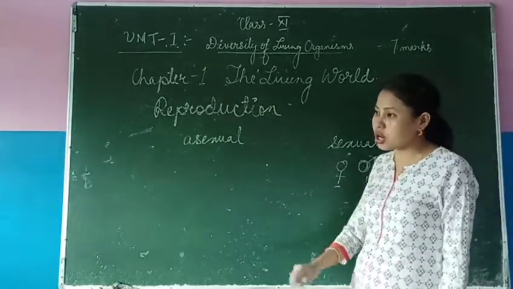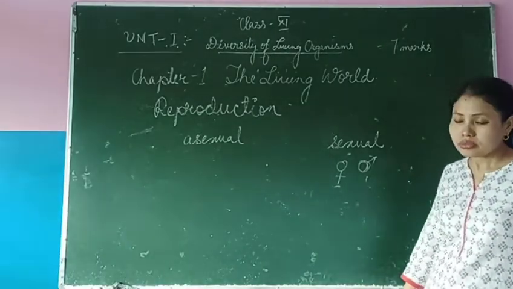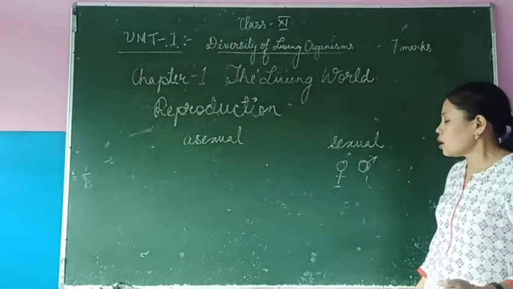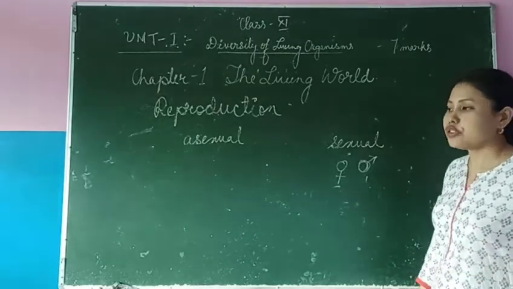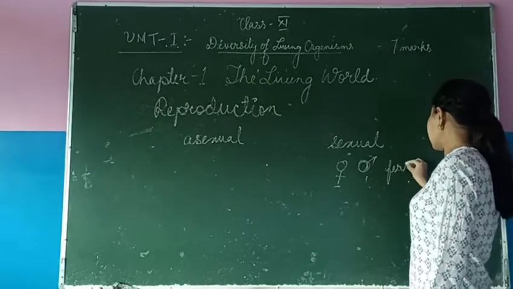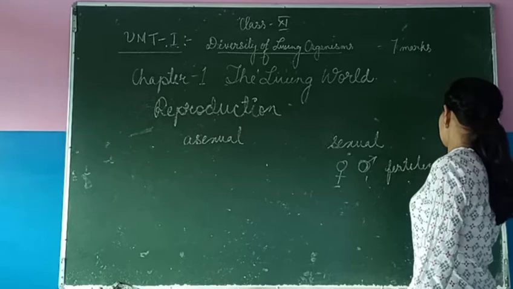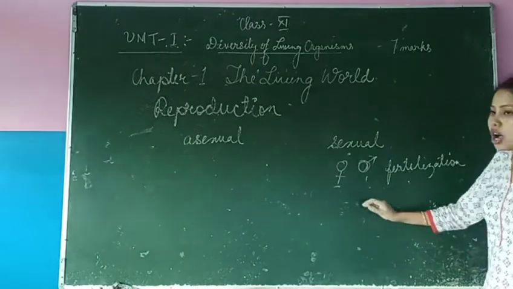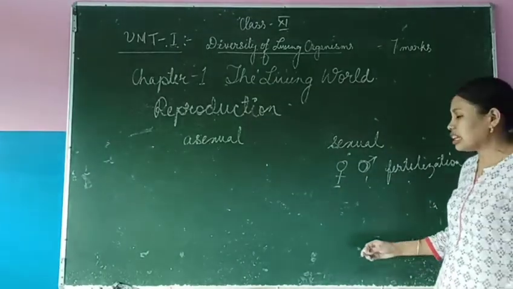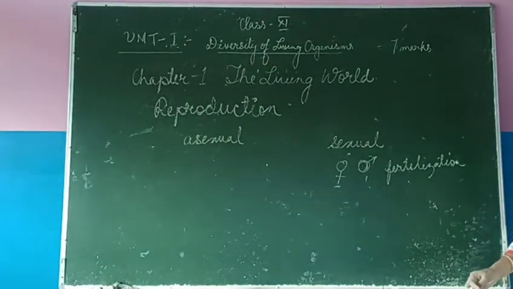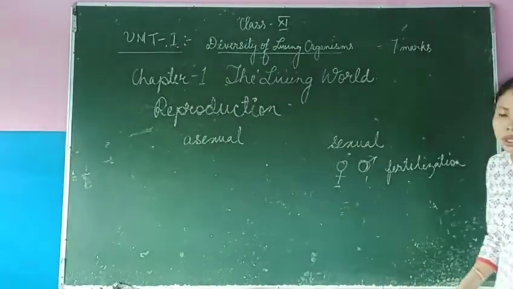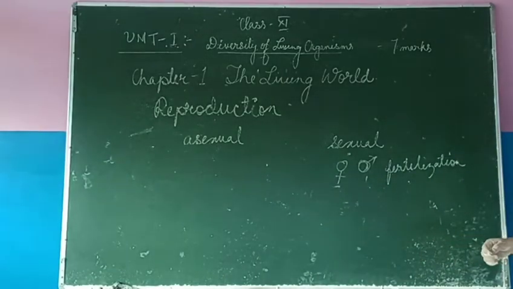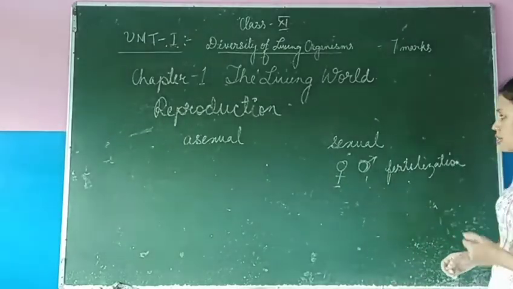So sexual reproduction occurs only when there is fusion of the male gamete and the female gamete. This fusion is called fertilization. Sexual reproduction is shown by organisms including us humans. You have seen that humans give birth to human babies. They will look like humans only, and more or less they will be similar to their parents.